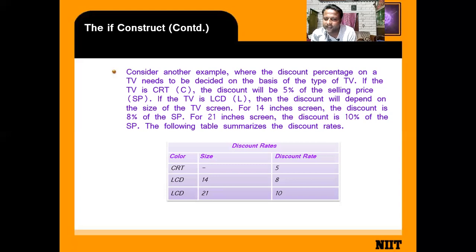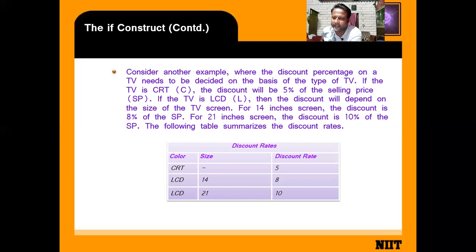If the TV is CRT, the discount will be 5% of the selling price. If the TV is LCD, then the discount will depend upon the size of the TV screen.